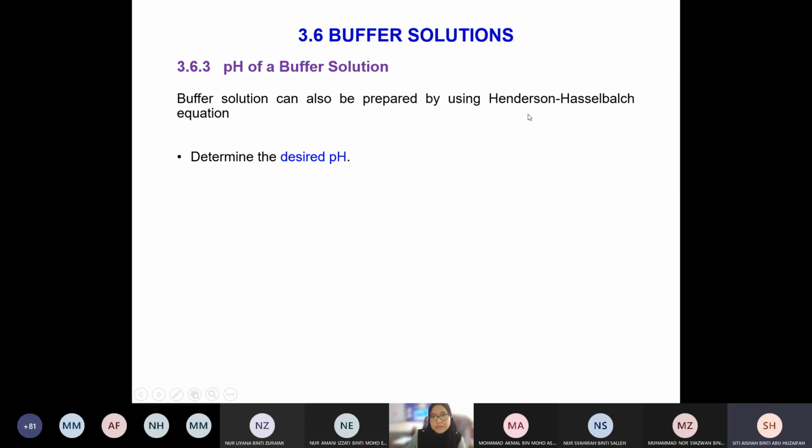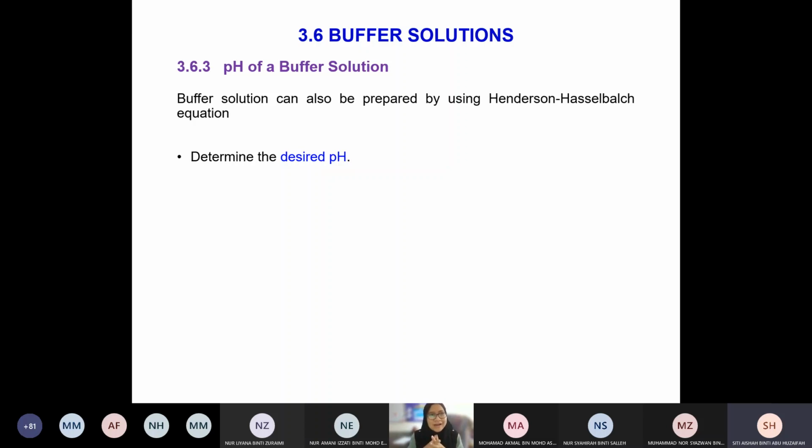Based on the Henderson equation, katakanlah you nak prepare buffer. You kena tahulah pH berapa you nak prepare buffer ni. Okay, bila you dah tahu, aku nak prepare buffer 8, around 8 macam tu lah.